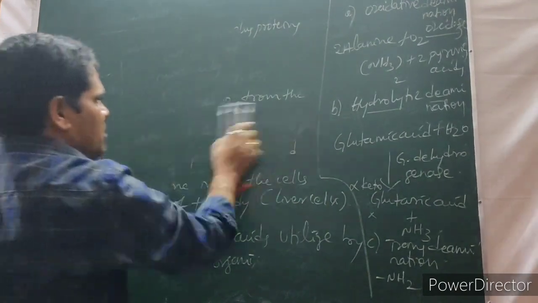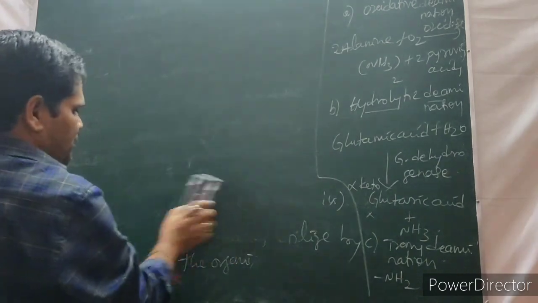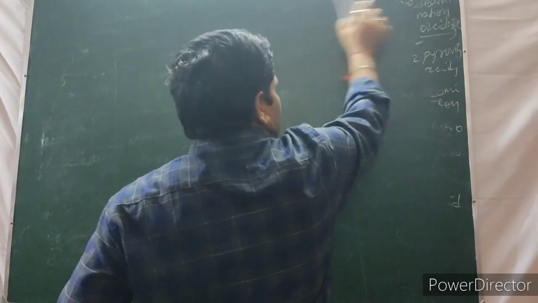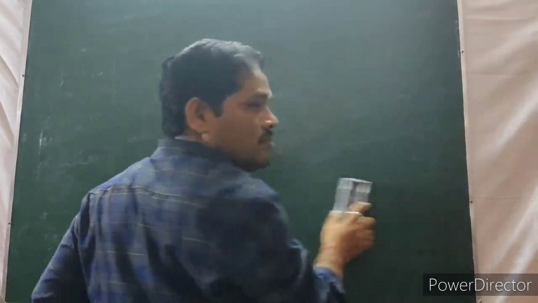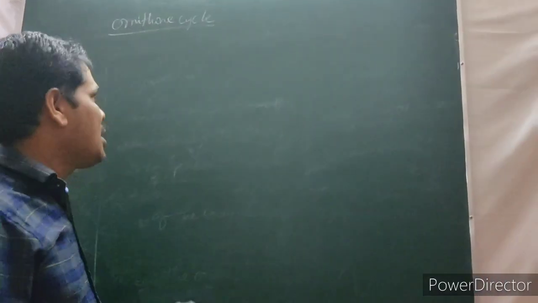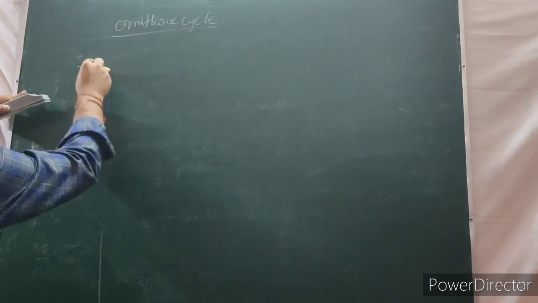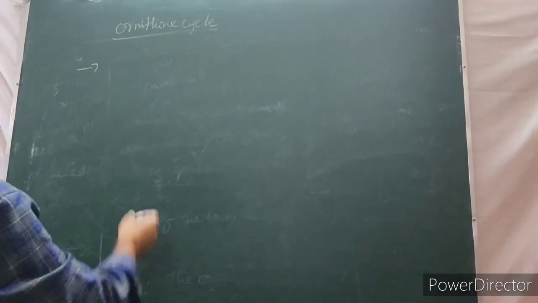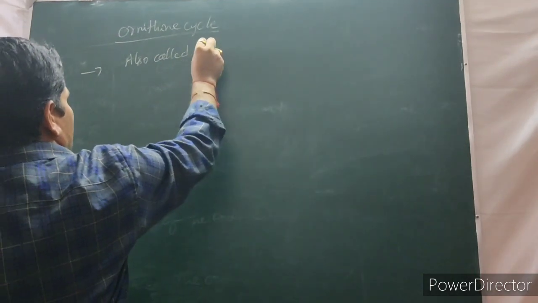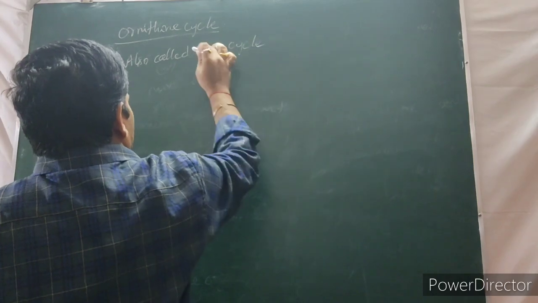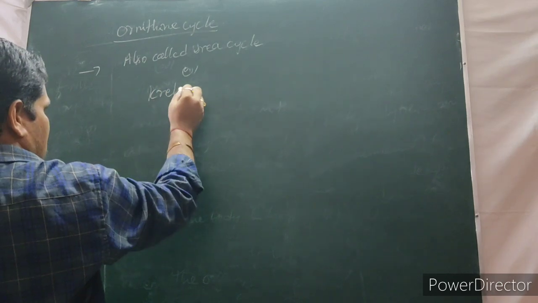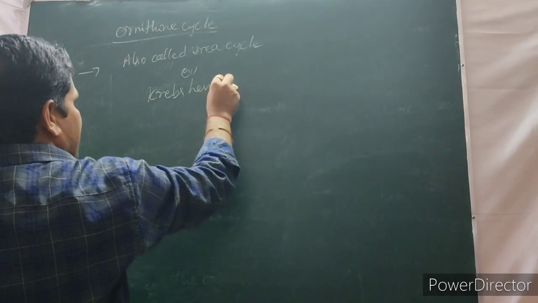The next one, the ornithine cycle. The ornithine cycle is also called the urea cycle or the Krebs Henseleit cycle.